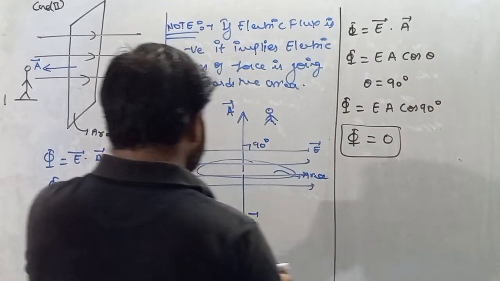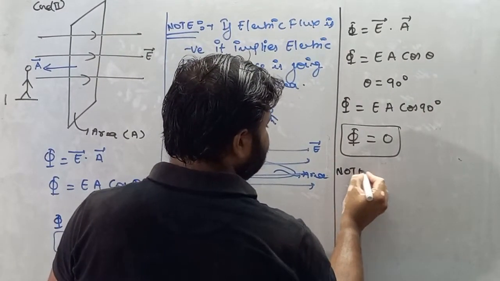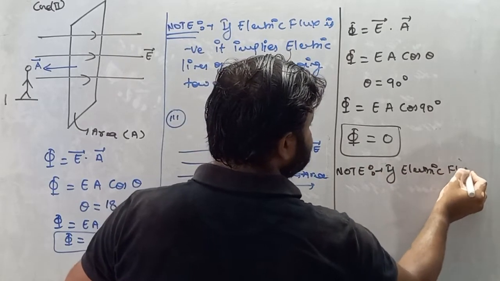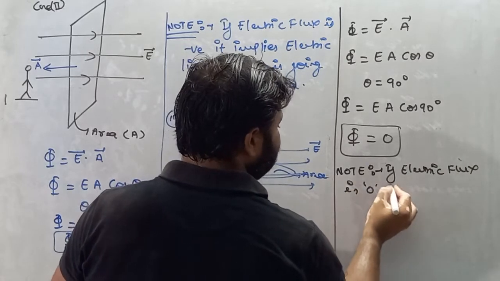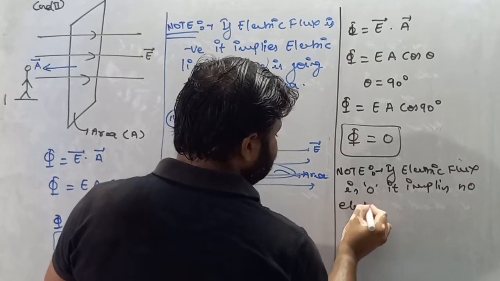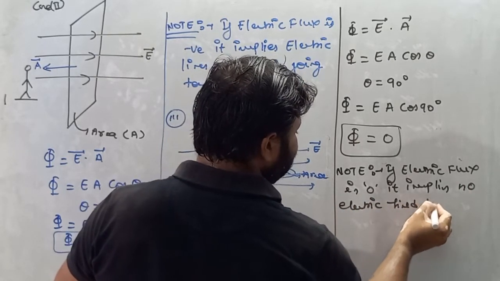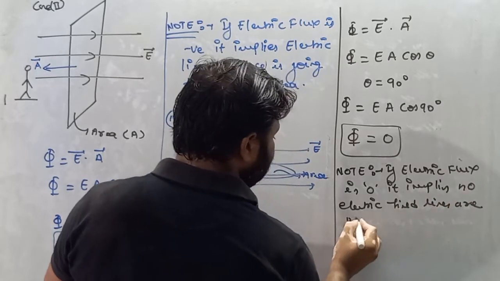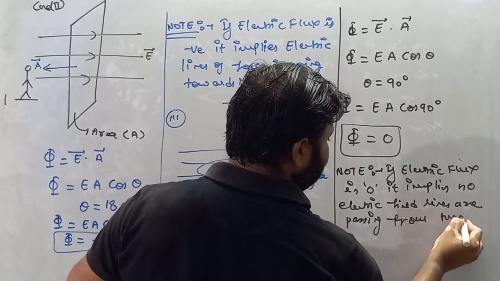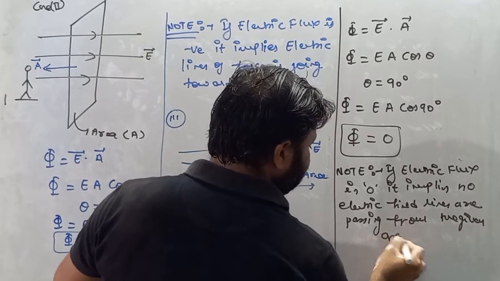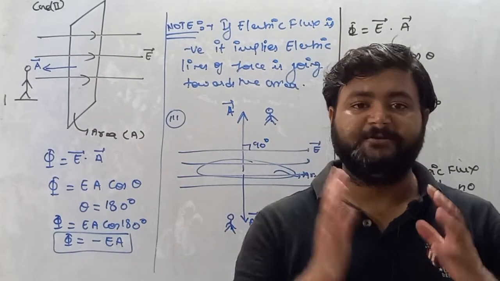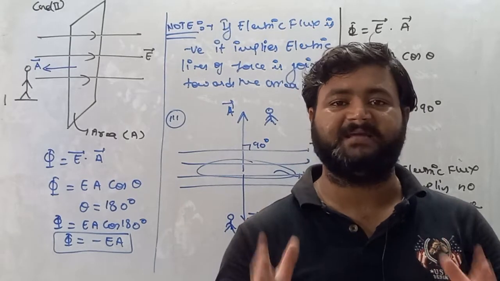So I'll write here as a note, if electric flux is 0, it implies no electric field lines are passing through the given area. So remember my dear student, if flux comes to be 0, then it implies no electric field lines are passing through the given area.